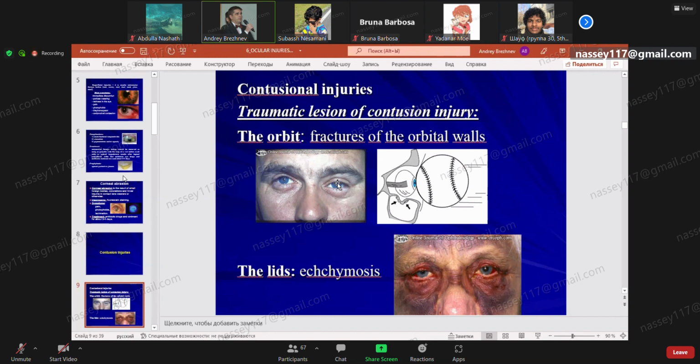In case of such a picture as in this photo of the patient whose eyes look like black glasses, we have to differentiate between the isolated eye trauma and facial trauma and the fractures of the bones of the base of the skull, because black eyes syndrome sometimes is a sign of such a severe neurosurgical pathology, and the general condition of the patient can help us to differentiate.